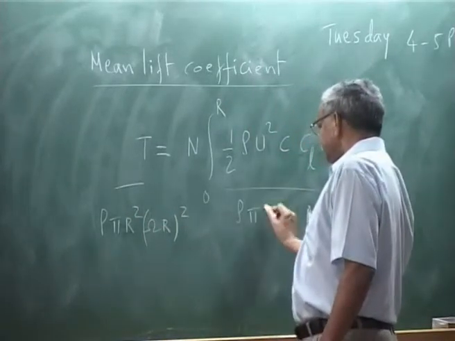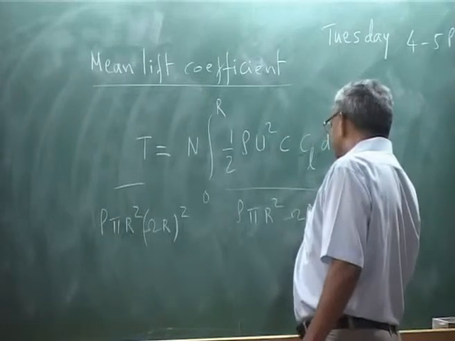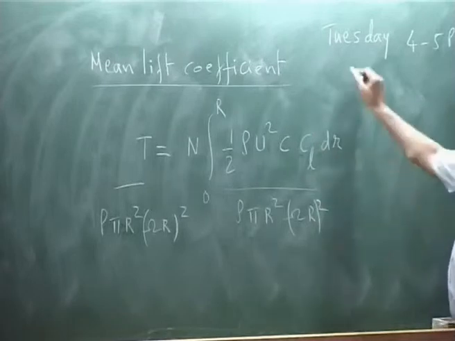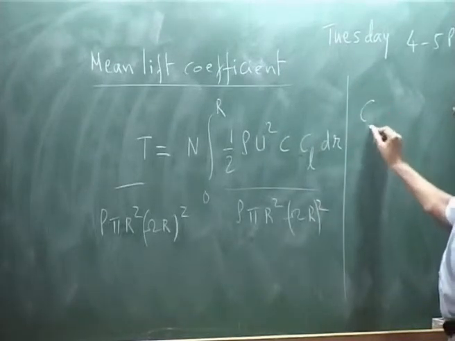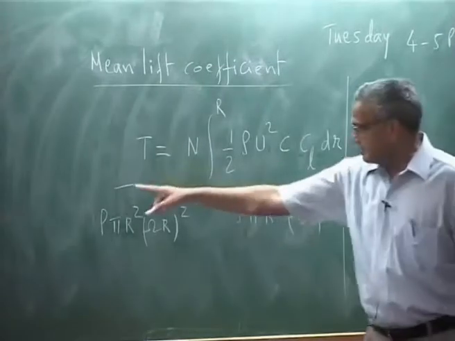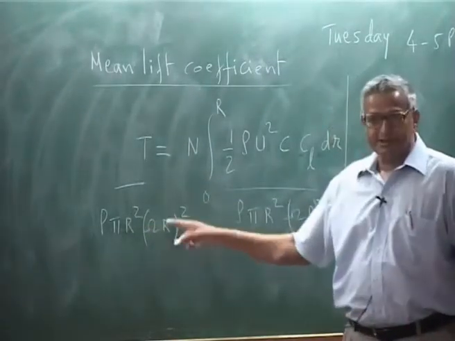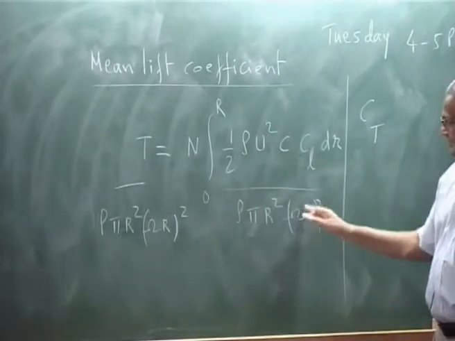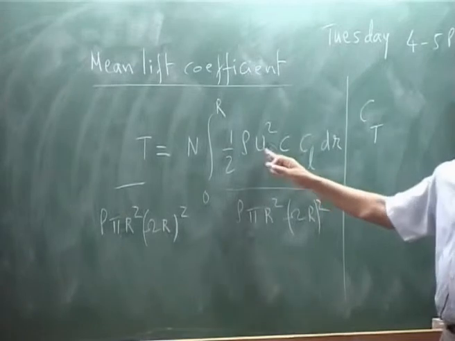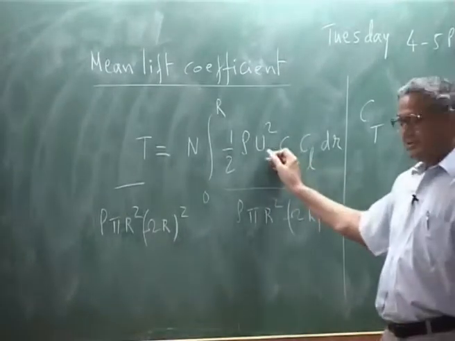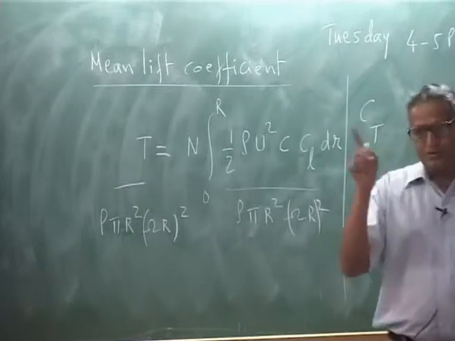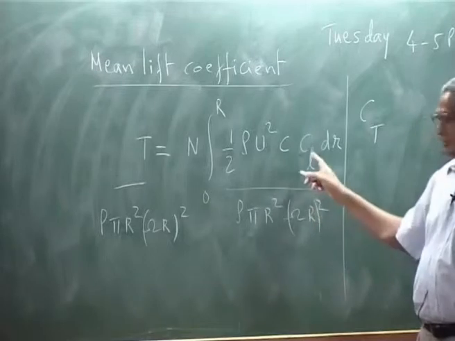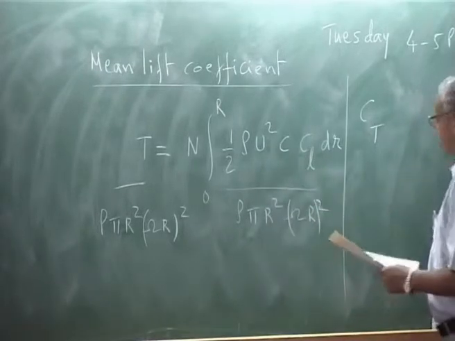Then it will be written in terms of Ct, because T divided by rho pi r square omega r whole square is thrust coefficient, and here U is basically omega r whole square. So, r over r, that will become r bar square, and then you will have CL.